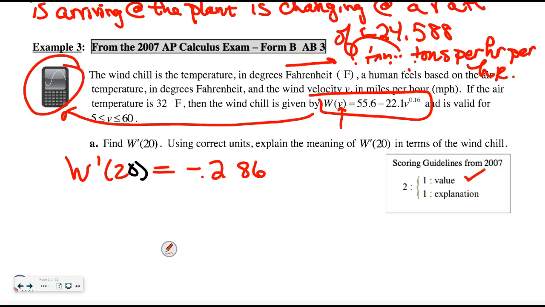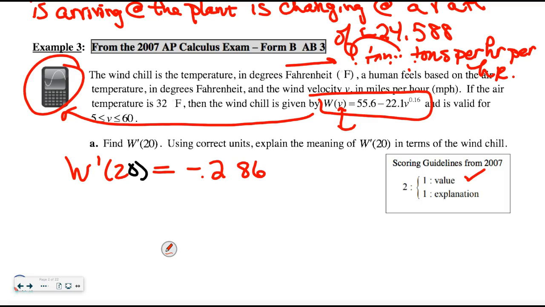Does that make sense? And the higher the velocity, the lower the wind chill. If the wind's really whipping out there and it's 10 degrees, they'll say feels like 20 below, right? And this is a function that'll spit that out if you just put in the velocity.